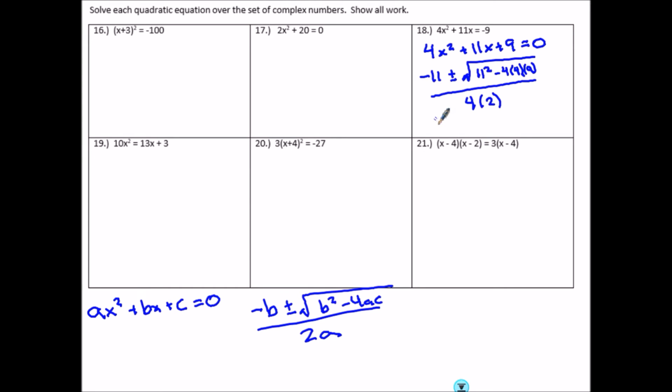So at this point, we have negative 11 plus or minus the square root of 121 - 144 all over 8.